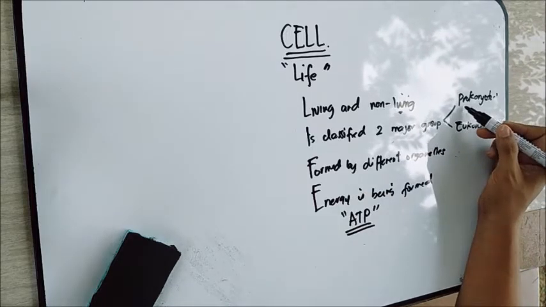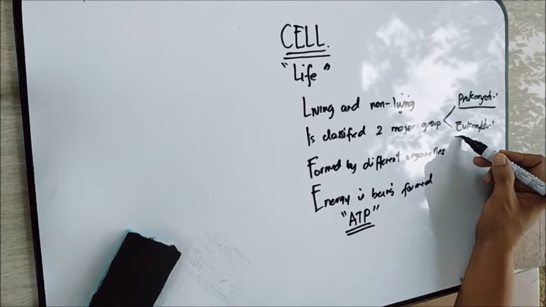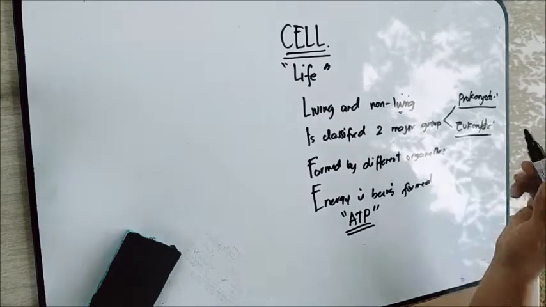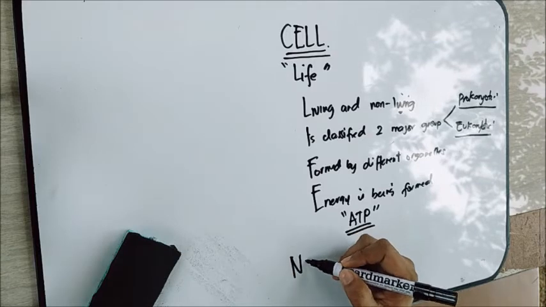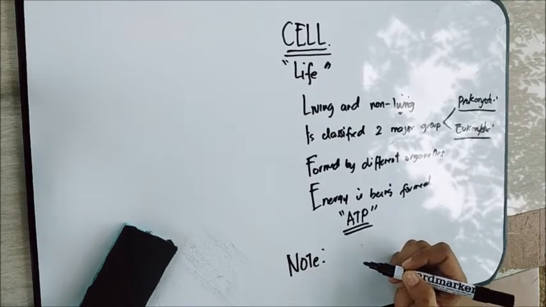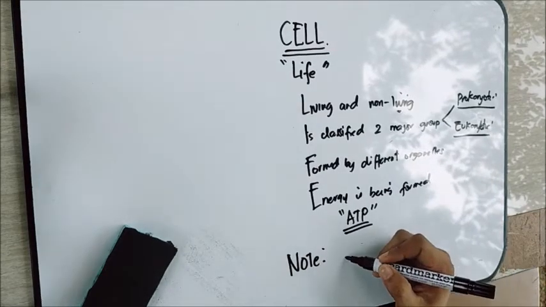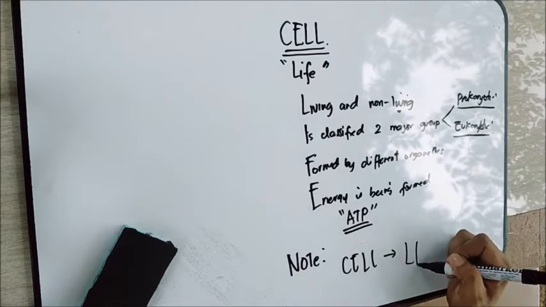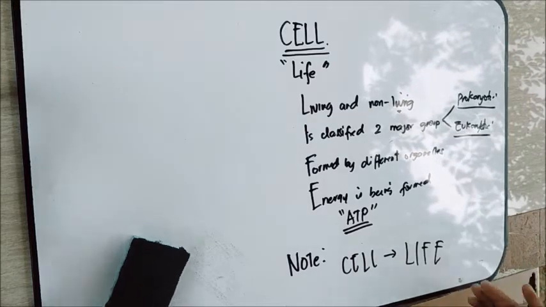Now let's differentiate what is a prokaryotic and a eukaryotic cell. But before that, we should always take note that if we pertain to a cell, we always remember life. Okay?